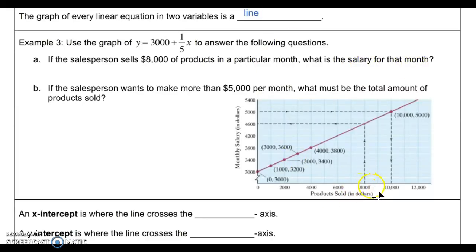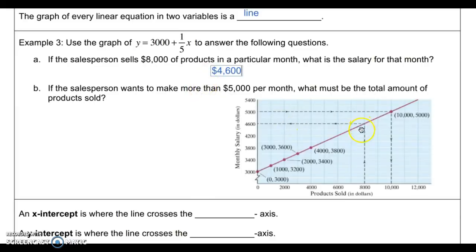If we're looking at $8,000 of products and we want to know the salary, it is going to be the corresponding coordinate. So it's 4,600, and this is in dollars. So $4,600.